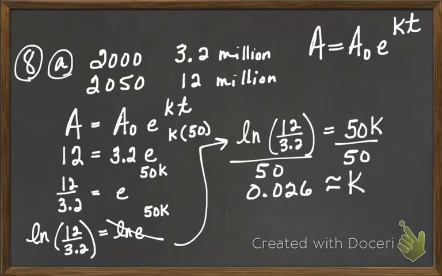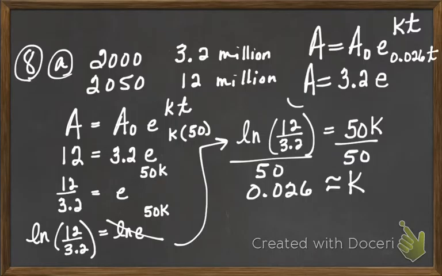So the A stays there. You have to put in the beginning amount because that's where your data is coming from. The ending amount just stays as a general A, so you can use it for any problem. Your beginning amount is 3.2 million. The E stays. The K that you found, you put that in, and then the T stays.